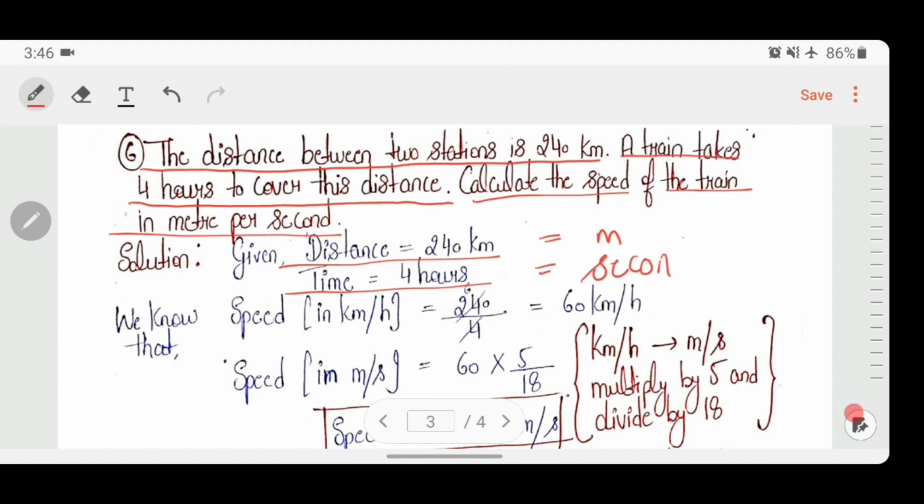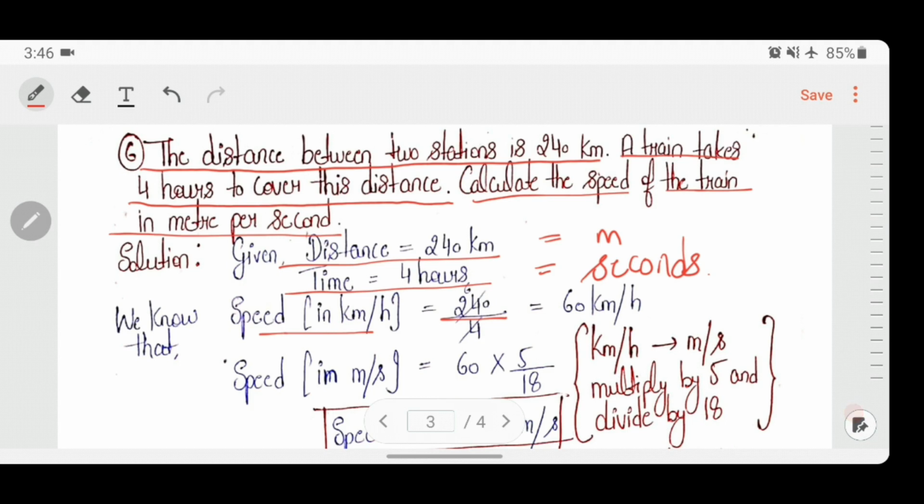Before putting these values in the formula, you have to change them into their smaller units. And the second method is to put these values in the formula in the same units. So speed in kilometer per hour, you can simply find as 240 upon 4.